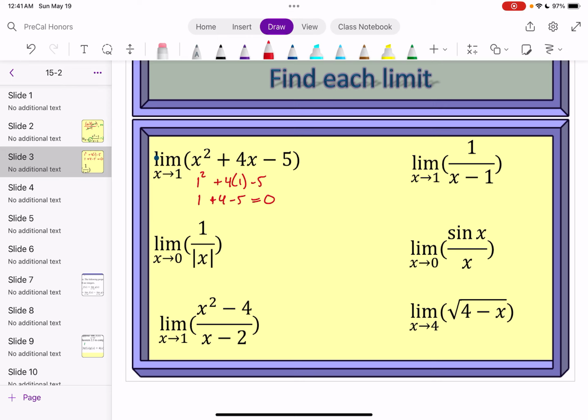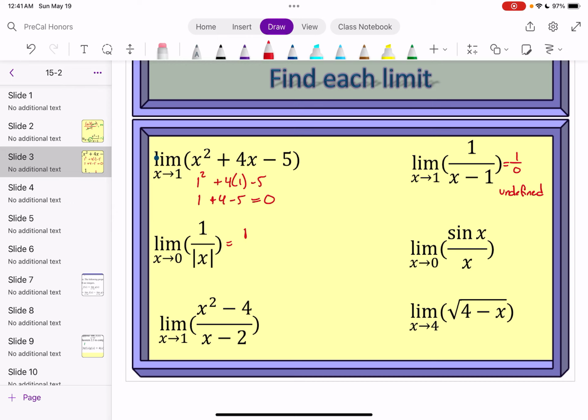Now, in this case for the top right sample problem, we can see that plugging in the 1 into this equation, you would end up with 1 over 0, or basically undefined. Same thing would happen for this next problem.